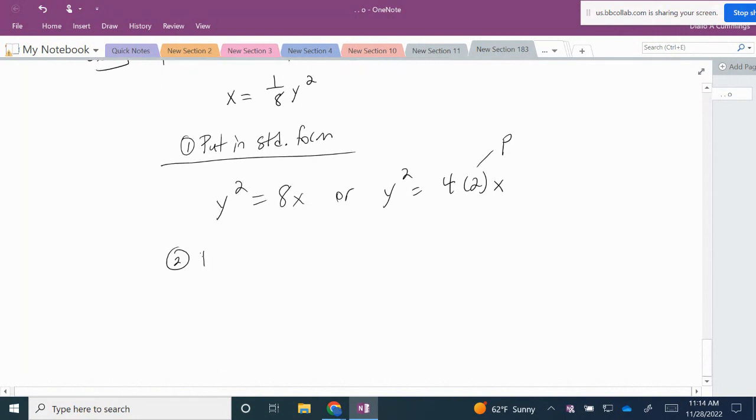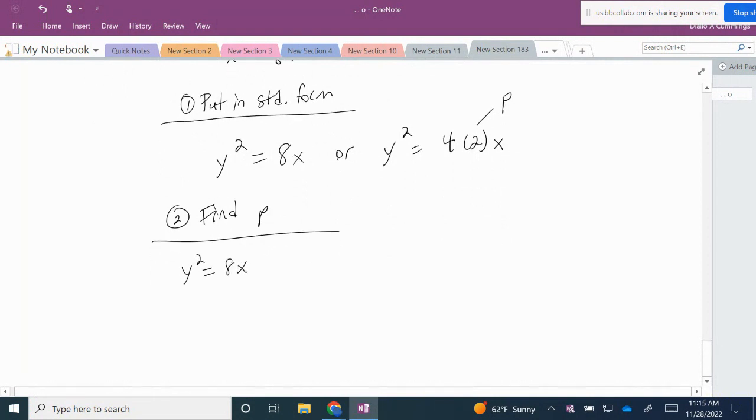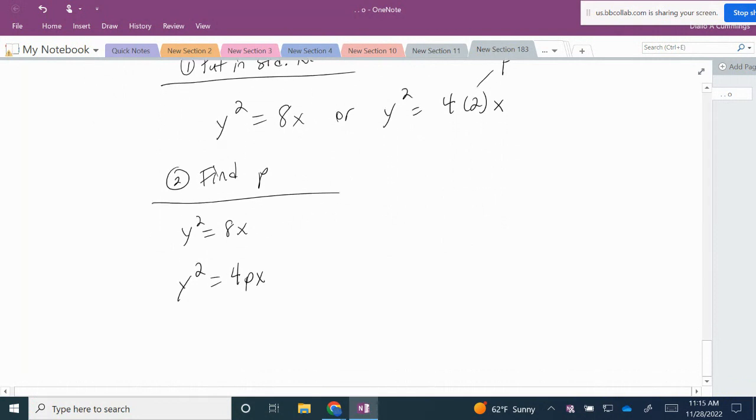So the second thing we're going to do is find p. Right, so we have y squared is equal to 8x. We have our model form, which is y squared is equal to 4px.